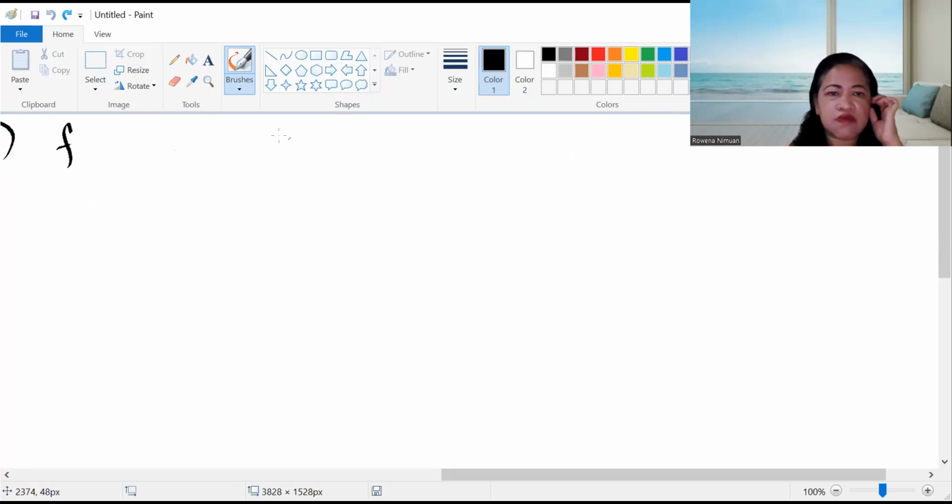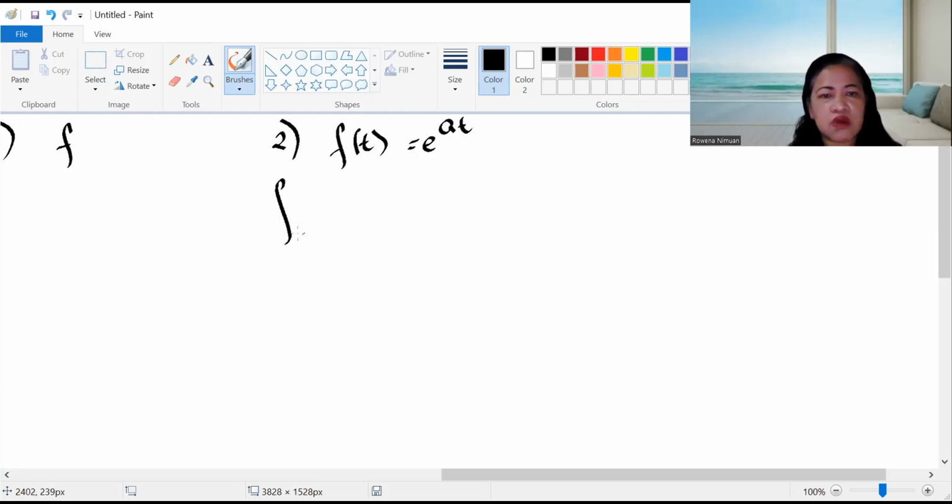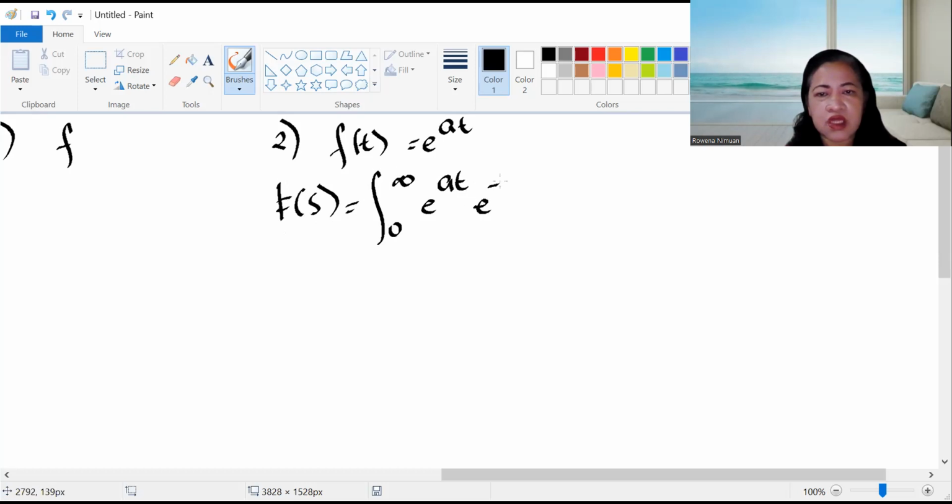So let us have here number 2. Our function of t is equal to e to the at. So our integral now is: the function of s is equivalent to the integral from 0 to infinity of e to the at times e to the negative st dt.